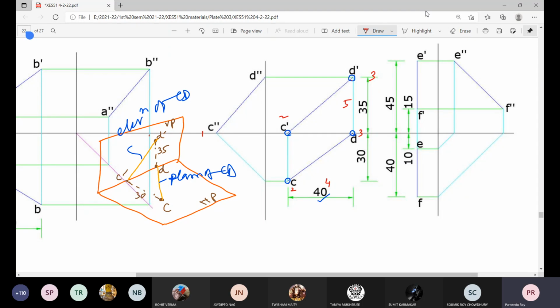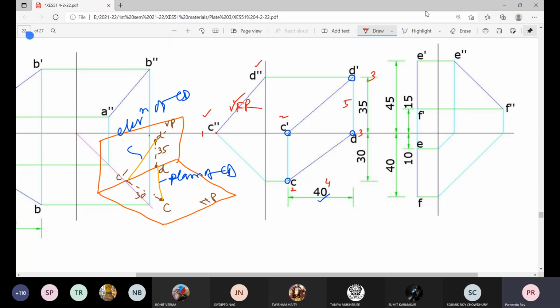And to get the view from right, C is located on the HP, so you will find this height is 0. The point D is on the vertical plane, so from vertical plane distance is 0. So this is the distance from vertical plane, that is 0, and you join it, view from right.